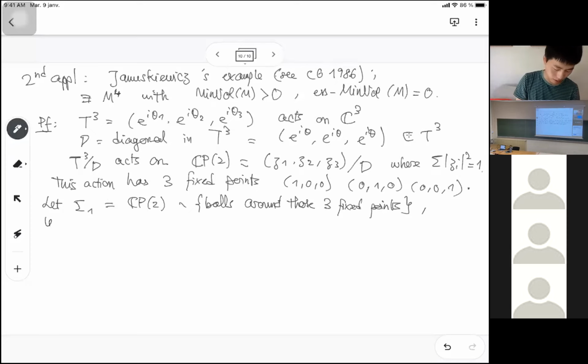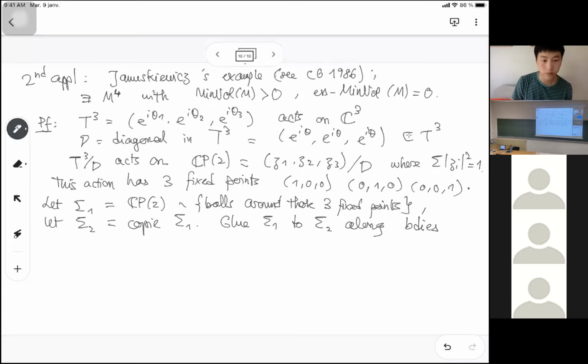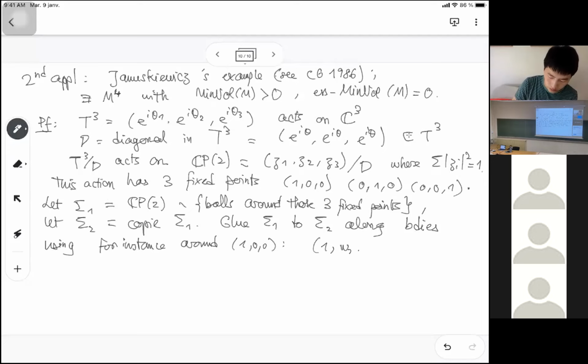And then let Σ2 be a copy of Σ1. You want to identify the boundary using a given diffeomorphism. So glue Σ1 to Σ2 along their boundaries using, for instance, in coordinates around (1,0,0), the following identification.